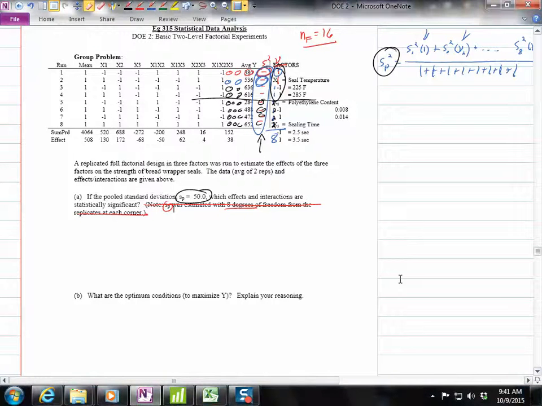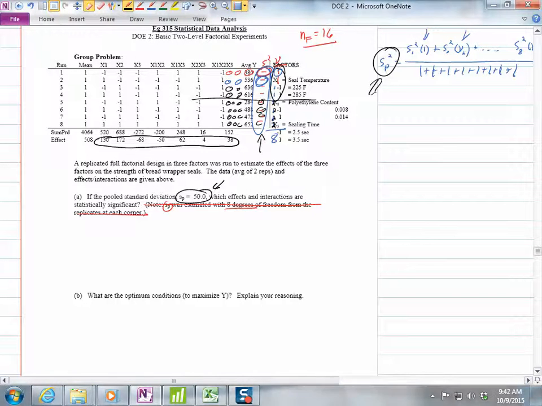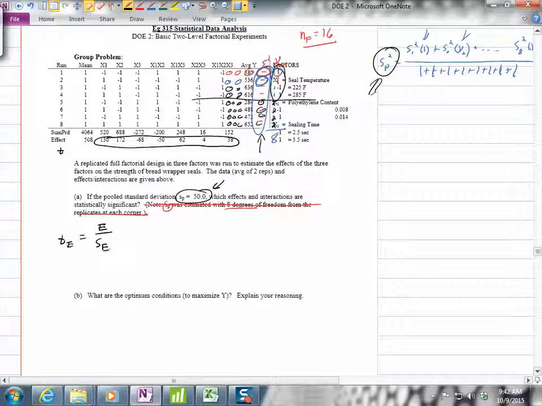Okay, so you didn't have to go through that because SP was given to you, degrees of freedom were given to you. But now we want to test these effects. Which ones are significant, which ones are not significant. So we need to do this hypothesis test. What we've been doing in the homework is, we have T of each effect, which is the effect divided by the noise in that effect.